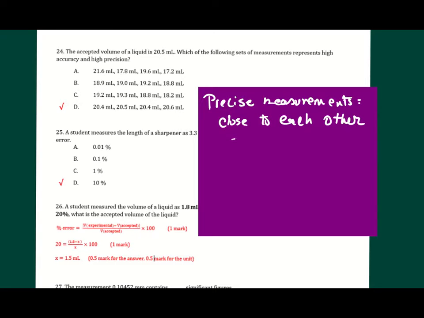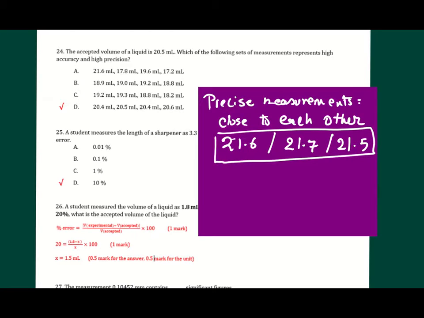Like I can say 21.6 is close to 21.7 and close to 21.5. So those are close to each other. So those answers are precise.